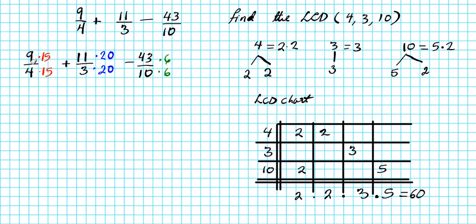Okay, let's multiply. 9 times 15 is 90 plus 45, which is 135. 4 times 15 is 60, plus 11 times 20 is 200 plus 20, which is 220 over 60. 43 times 6 is 240 plus 18, which is 258 over 60.